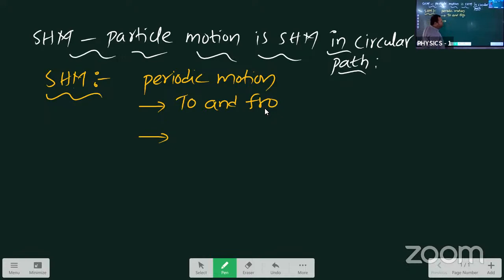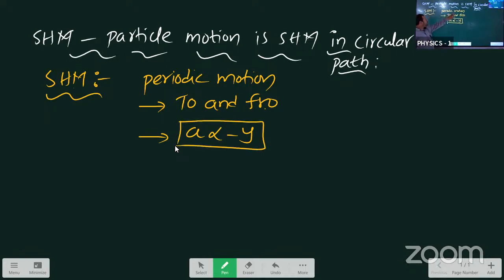Next one, acceleration directly proportional to displacement with opposite direction. A is directly proportional to minus y.